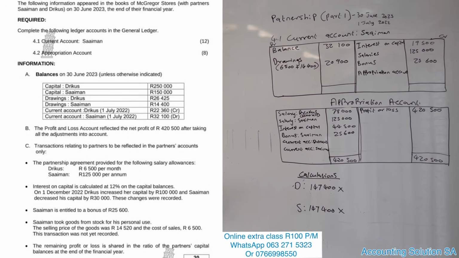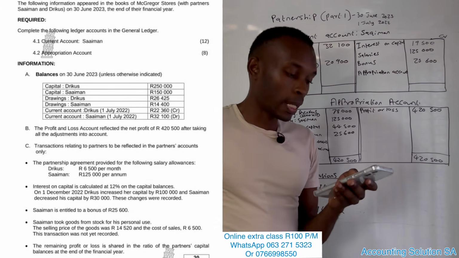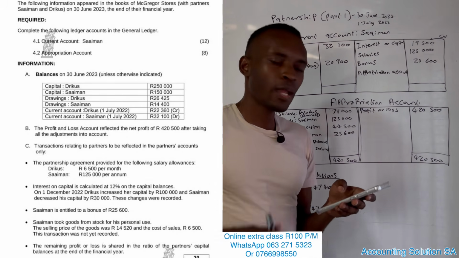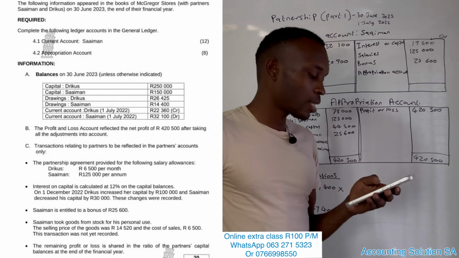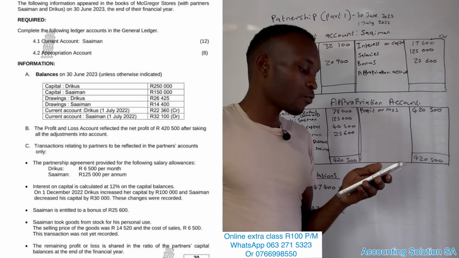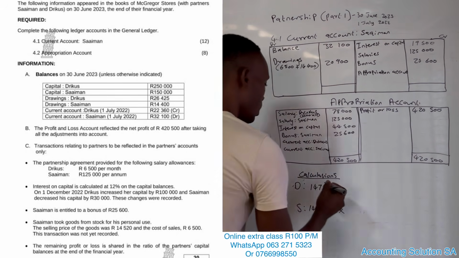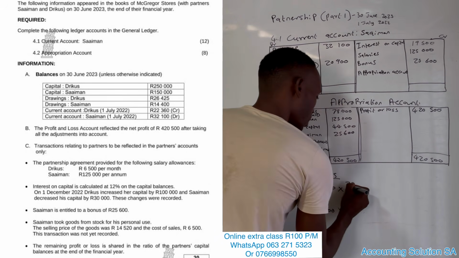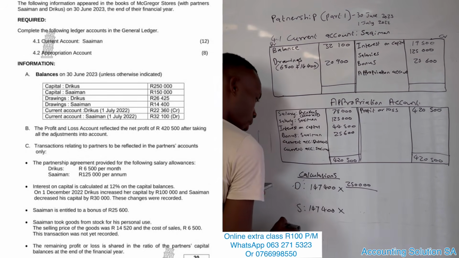Okay. Remember, they say that they are going to be allocated according to what? To capital balance at the end. Now we have to determine how much each has as a capital balance at the end. Drinkers has 250 and Simon has 150, which means that for Drinkers we are going to multiply by 250 over total.